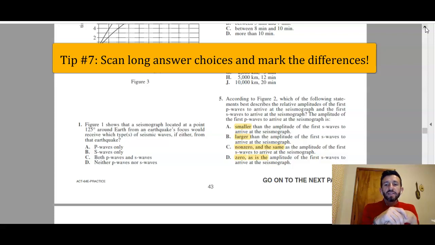I'm saying that either the P waves are smaller than the S, they're larger than the S, they're not 0 but the same as S, or 0 and the same as S. Okay, so that's tip number 7. Scan answers that have sentences and mark the differences.